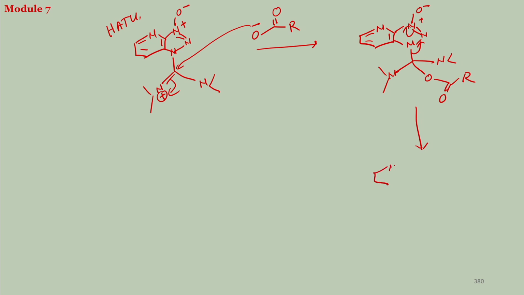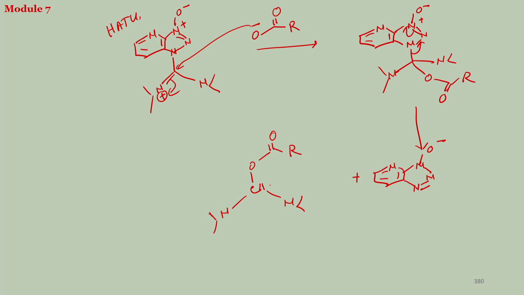So, what do you form? You form this. This becomes O minus, this becomes neutral, and here you have a double bond, plus you have this carbon and you have O, COR.